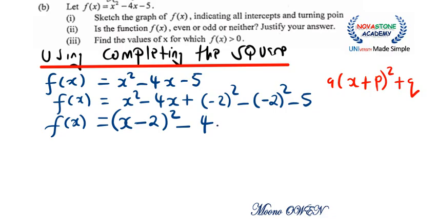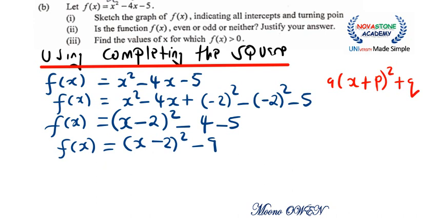Then there's a minus 5, so I'm supposed to write that minus 5. Therefore my f of x in this case will be equals to x minus 2 squared minus 9. Minus 4 minus 5 gives us minus 9. Basically this is what we have.